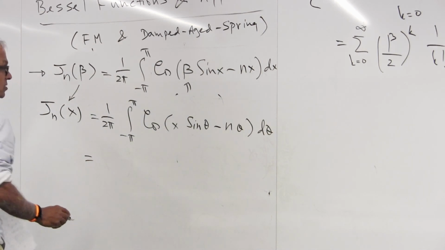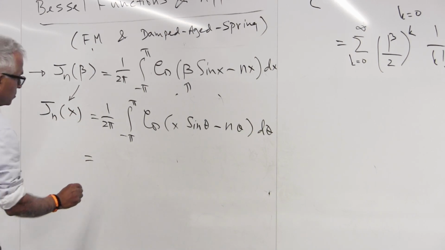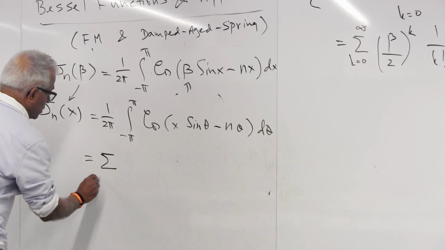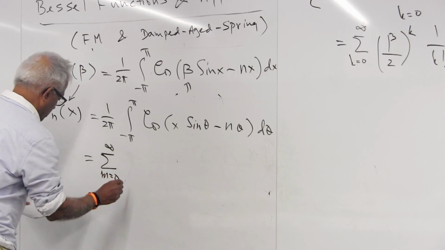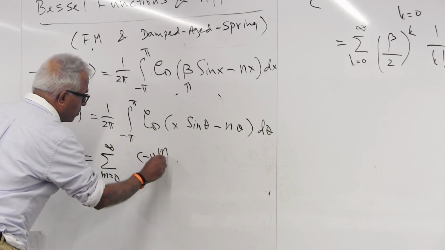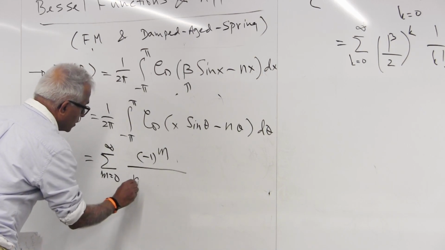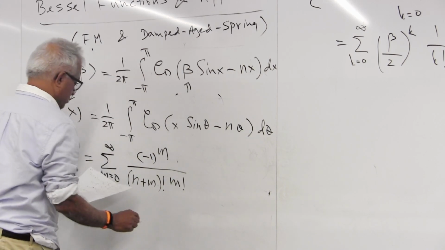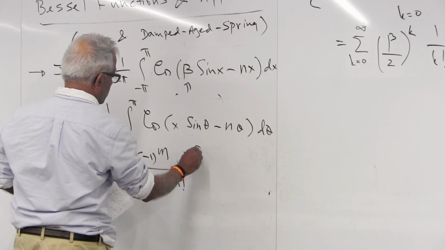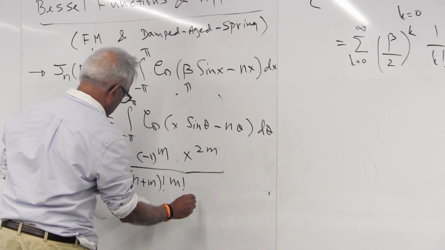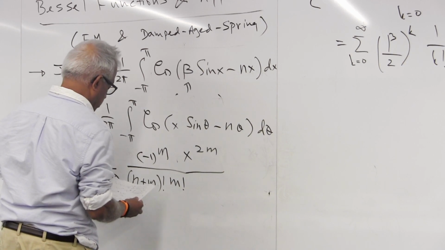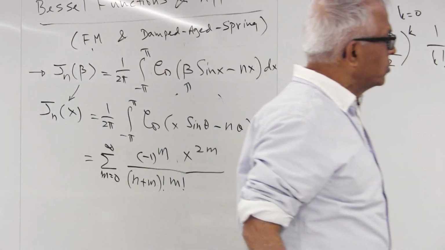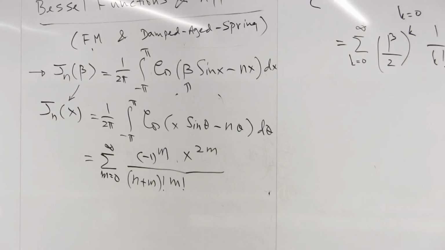But what we have shown is this expression, the last expression: sum over m equal to 0 through infinity, minus 1 to the power m, over m factorial n plus m factorial, times x over 2 to the power 2m plus n.